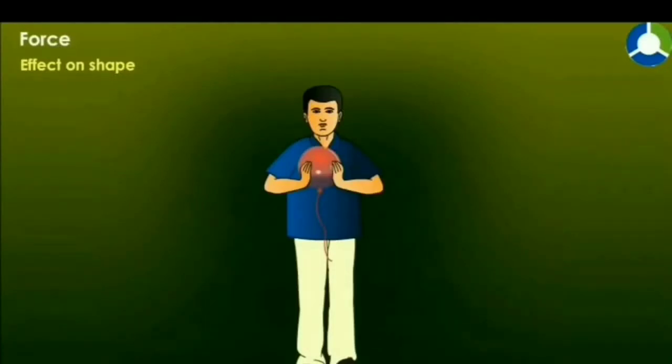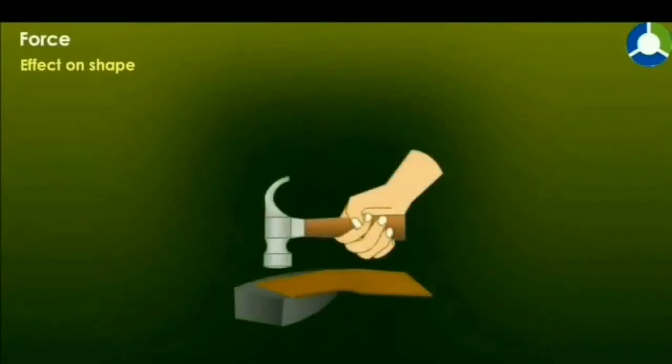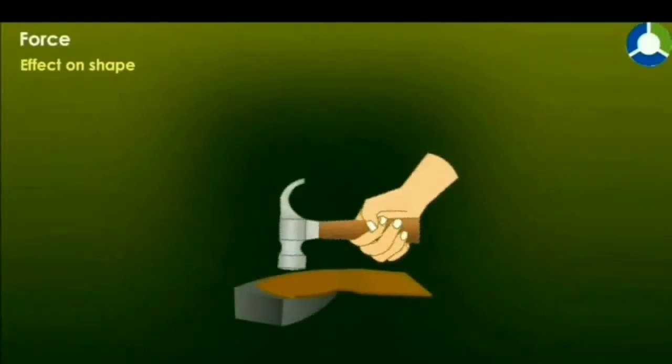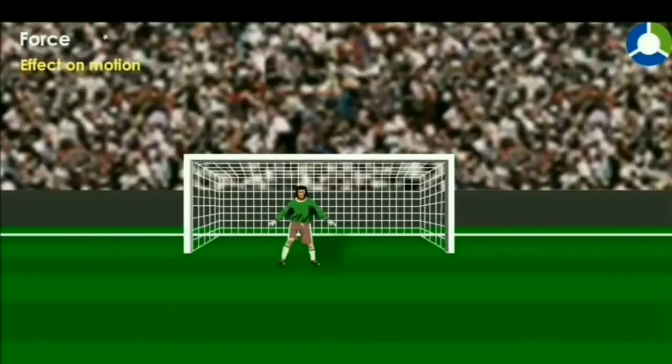The first effect of force is the effect on the shape of the object. Take a balloon filled with air and press it. What will happen? Its shape changes. Or a metal rod bends on being given a few hammer blows. From this we can understand that force can make a change in the shape of the object.